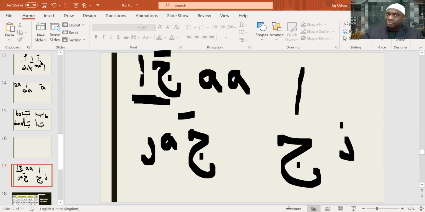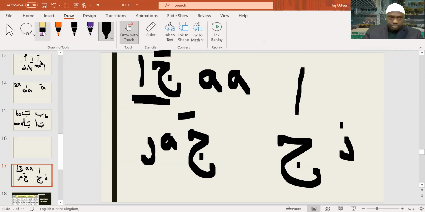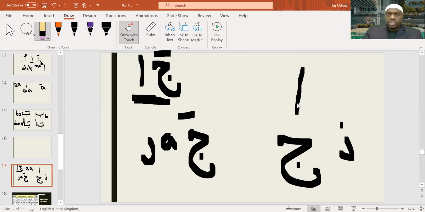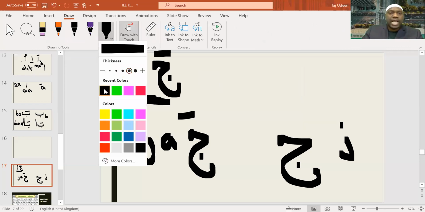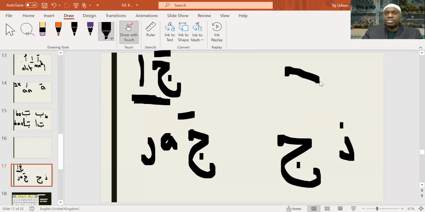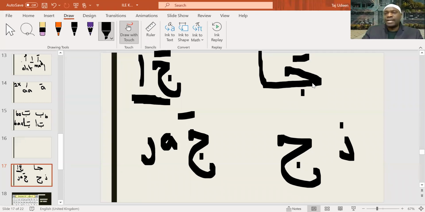But I cannot leave my writing this way. I can join jim and fatha together. So if I need to join them together, it becomes ja. So I write this way. You know this jim, and I join with fatha. Remember the dot, then fatha. Mommies and daddy, this is called jaa.